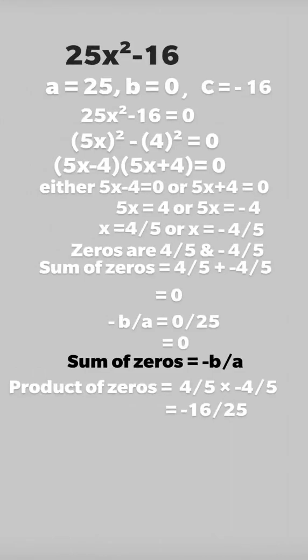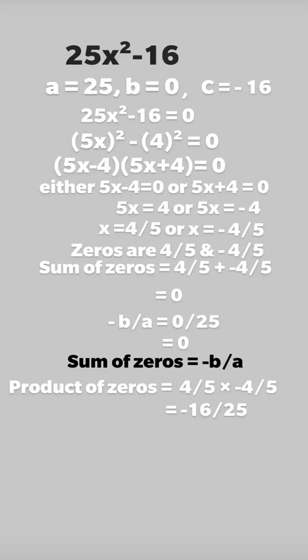When we are multiplying two rational numbers, the product of two rational numbers is equal to product of numerators upon product of denominators. Numerators are 4 and minus 4. 4 multiplied by minus 4 gives you minus 16, and 5 multiplied by 5 is the denominator, that is 25. So product of zeros we got here as minus 16 upon 25.